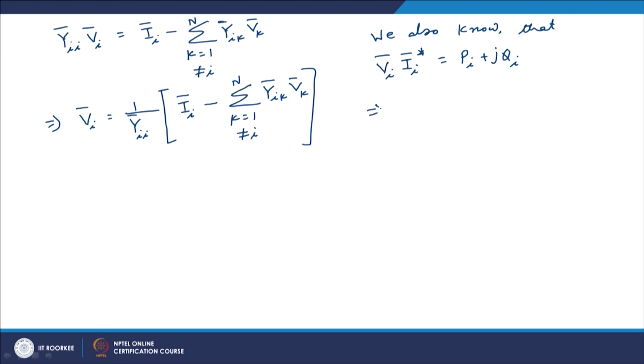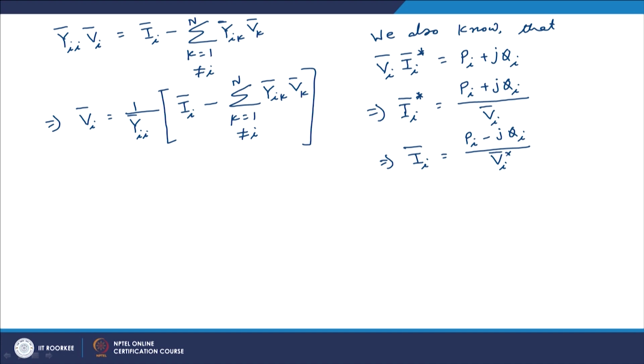So from here we can write Ii star is equal to (Pi plus jQi) by Vi, or in other words Ii is equal to (Pi minus jQi) by Vi star.